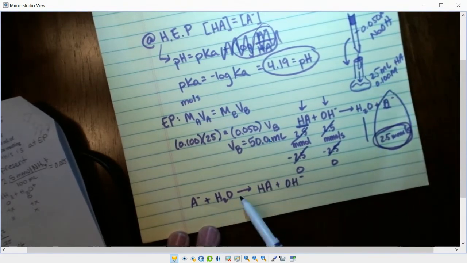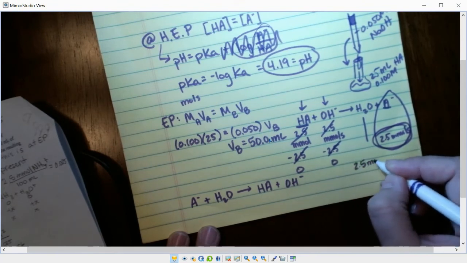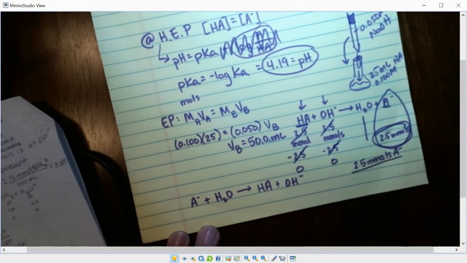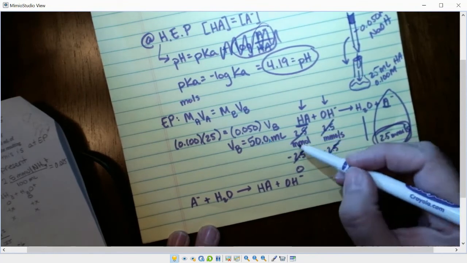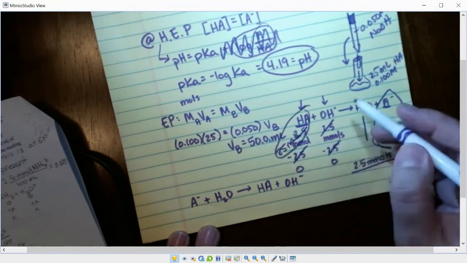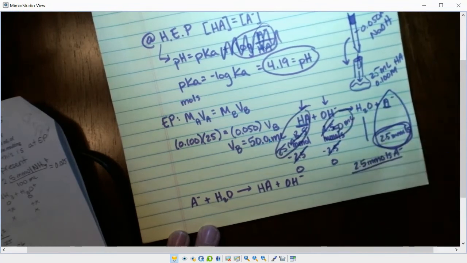But when we're doing a traditional RICE chart, we want to go ahead and convert this back to molarity. So if you think about this, we have 2.5 millimoles of A minus over what was the volume? Well, we started with 25 milliliters of HA. We added 50 milliliters of OH.